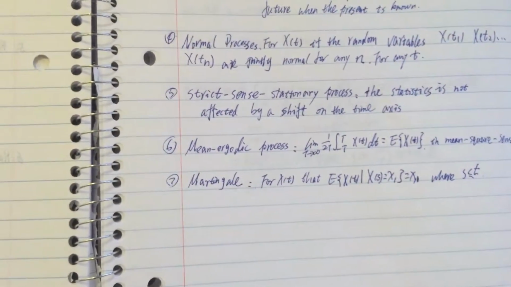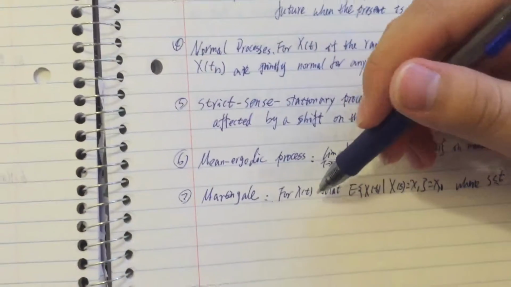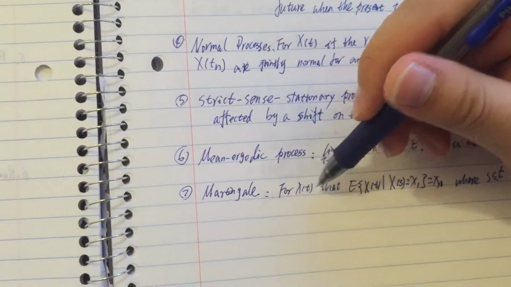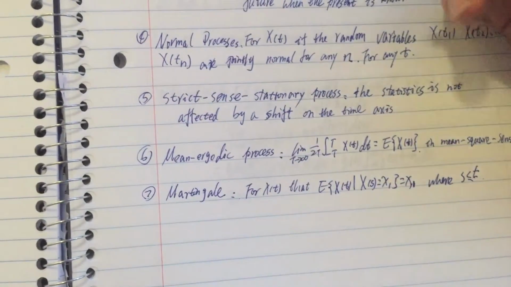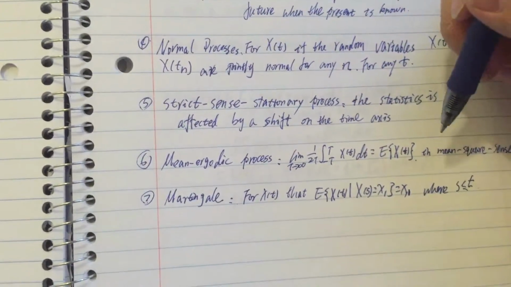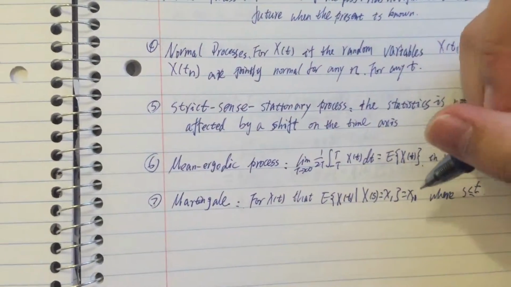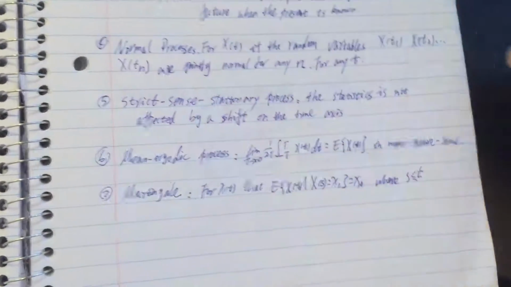And the last one is martingales. It's for X(t) such that for all t, E[X(t) given X(s) equal to x1] equals x1, where s is smaller or equal to t.